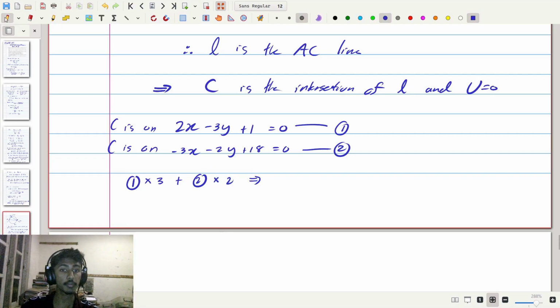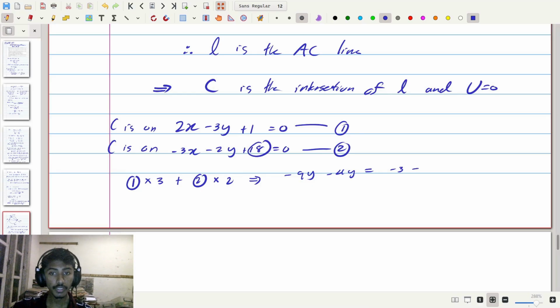So if you multiply by 2 and multiply by 3, we're going to get a total of 6x here and a total of minus 6x here. So cancelling those two, what we're left with is 3 times minus 3y, which is minus 9y, and 2 times minus 2y, which is minus 4y, equals, on the other side we have 1 times 3, which is going to be minus 3, and 2 times 18, which is minus 36.